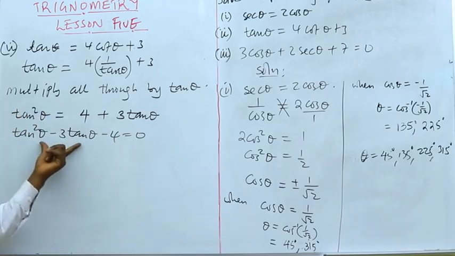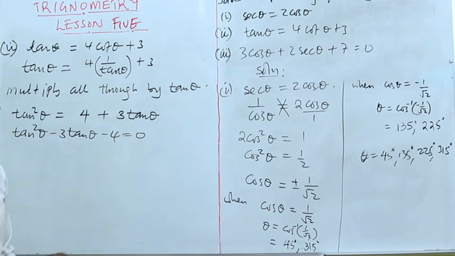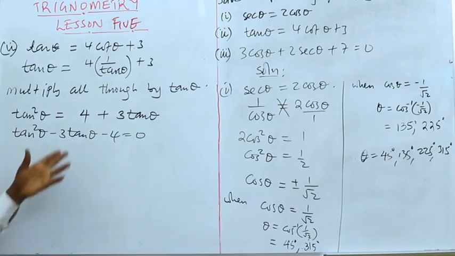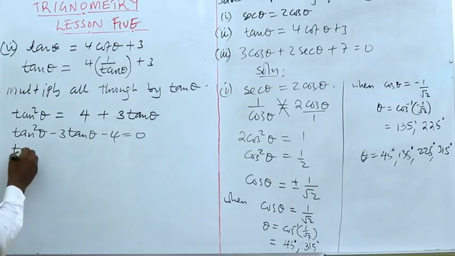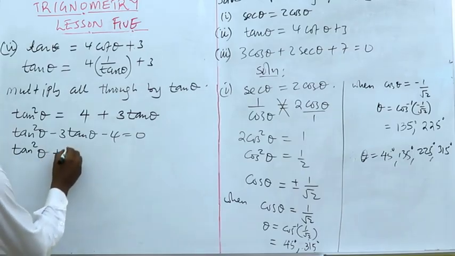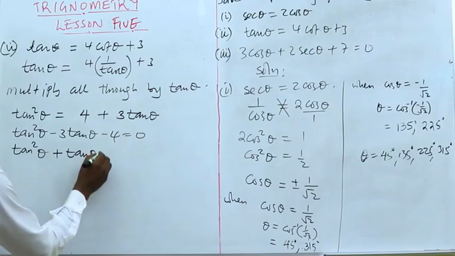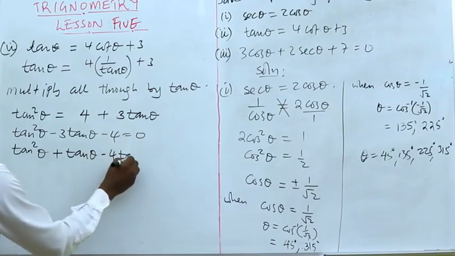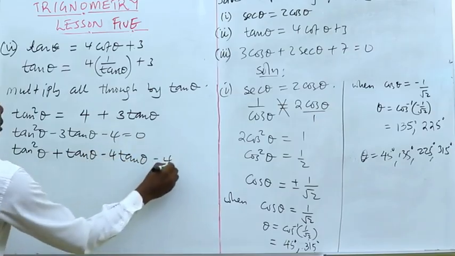Now, you have formed a quadratic equation, but in a trig form. So, you can use factorization to solve it. Factors of -4, which add up to -3. We have tan squared theta plus tan theta minus 4 tan theta minus 4 is equal to 0.